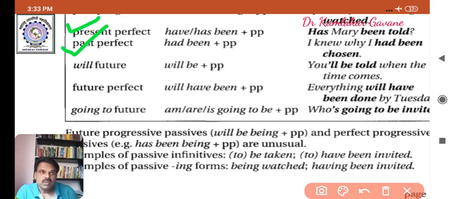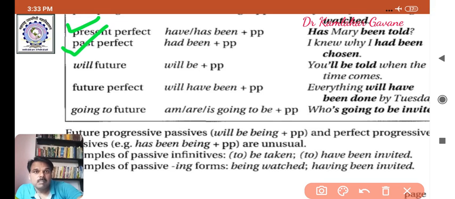Hence the active voice is, I knew why they had chosen me. Then future: will be plus past participle. You will be told when the time comes. Active voice: they will tell you when the time comes.